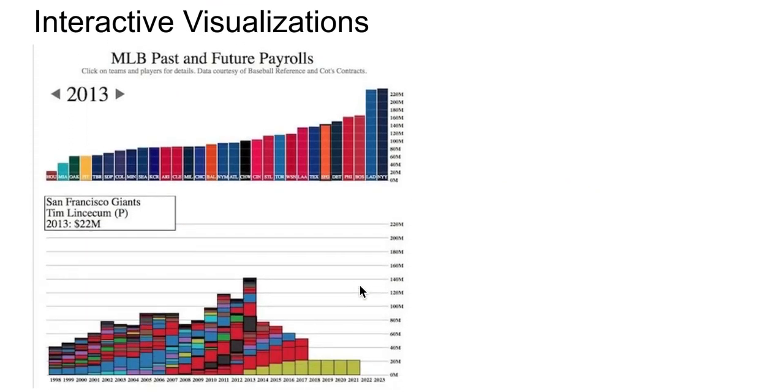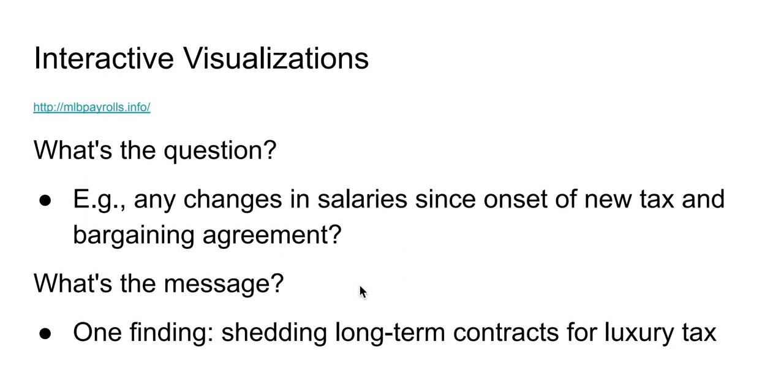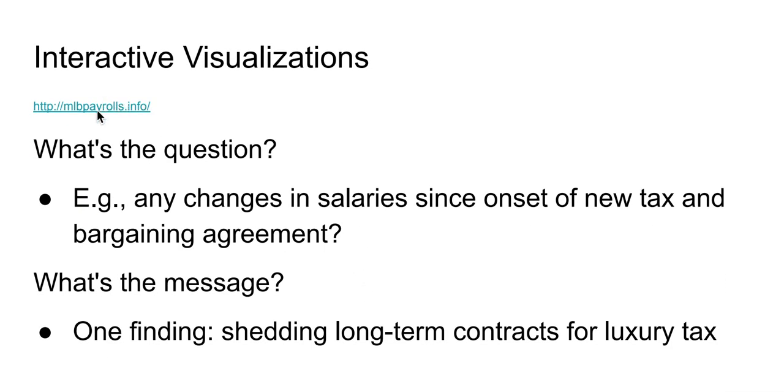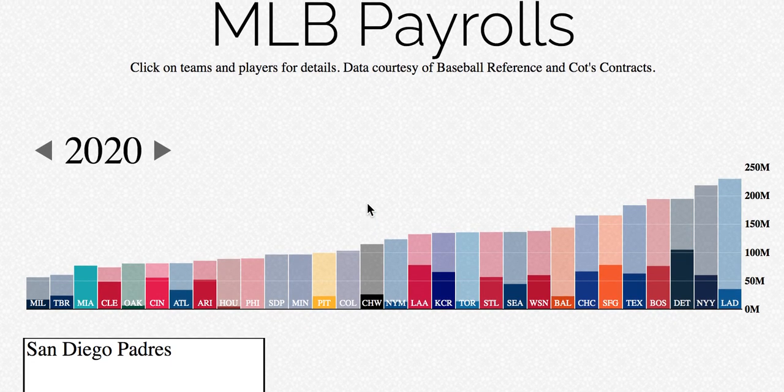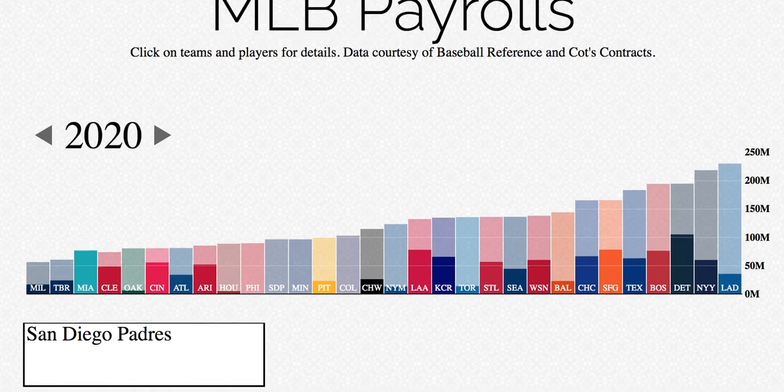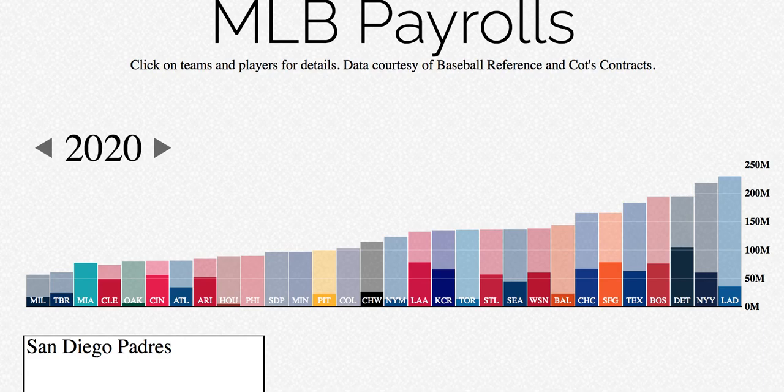And interactive visualization. This is one more example for sports. So what's the question? For example, any changes in salaries since the onset of a new tax and bargaining agreement? I'm going to play a little bit so you can see MLB players over here. You can click the team and the players for details.